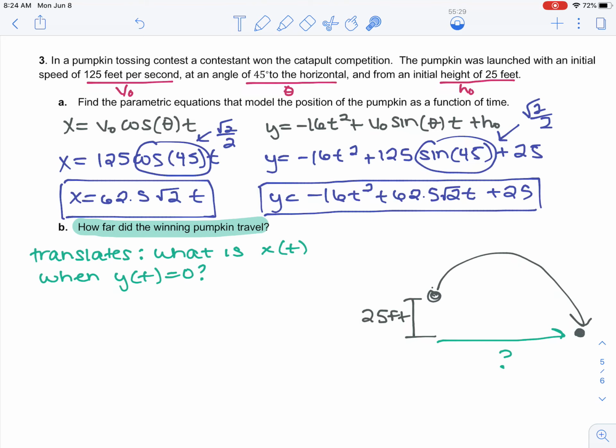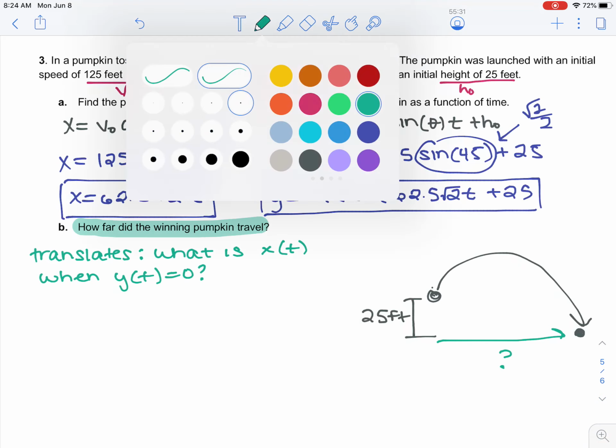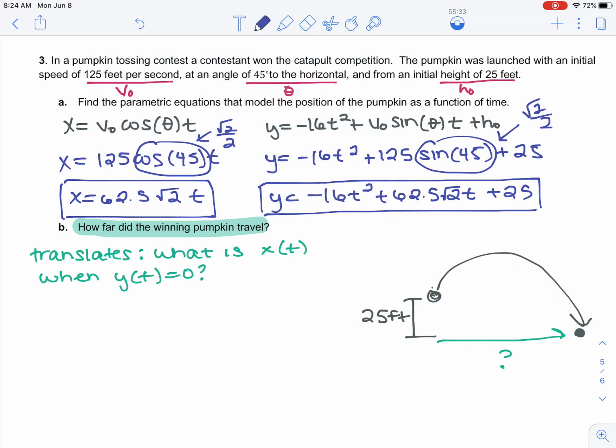Okay, so we need to figure out what that t value is first. So we need to figure out what this t value equals so that we can then plug it in to our equation. So again, how long did it take for our pumpkin to hit the ground?